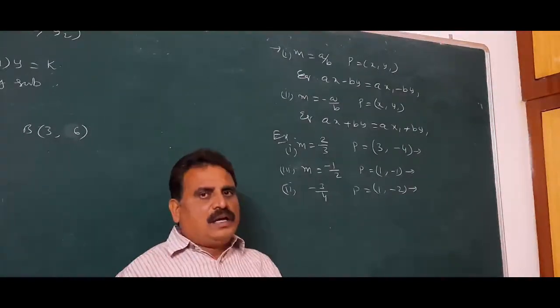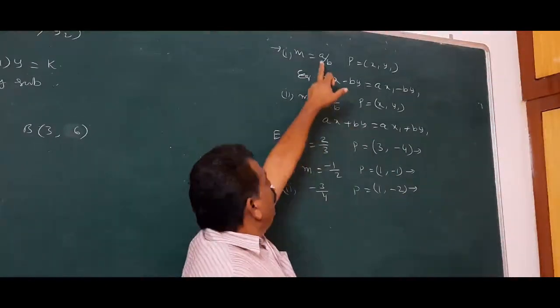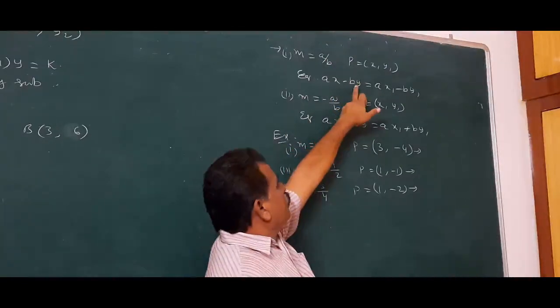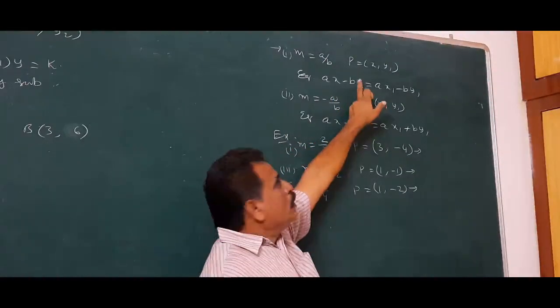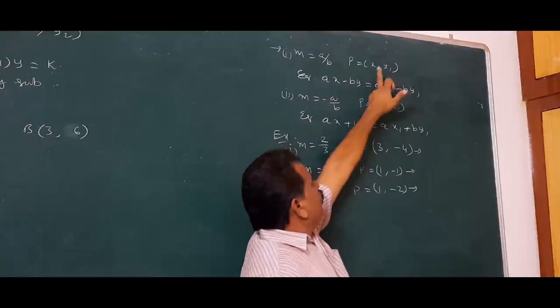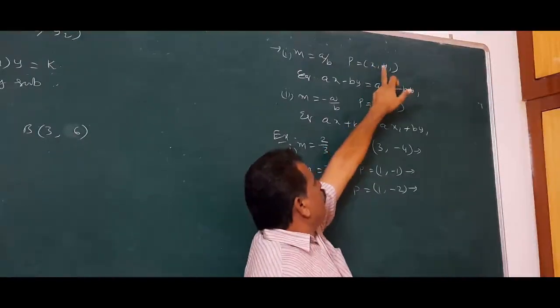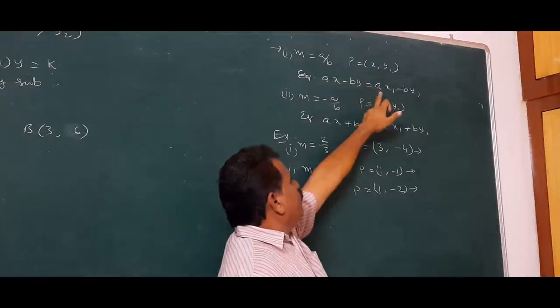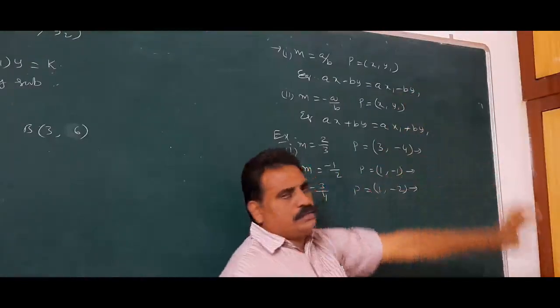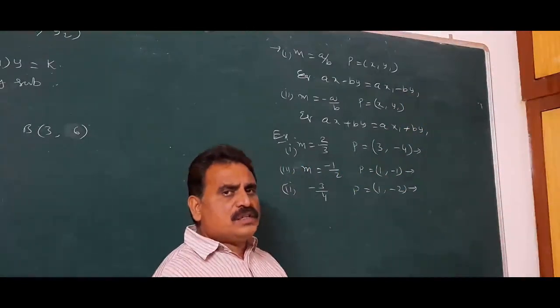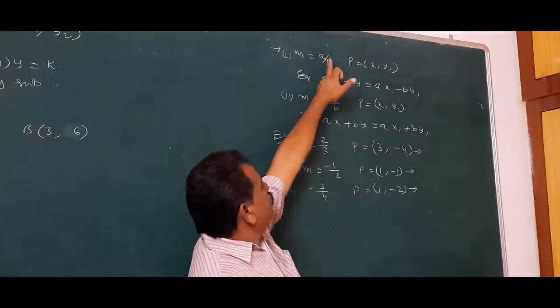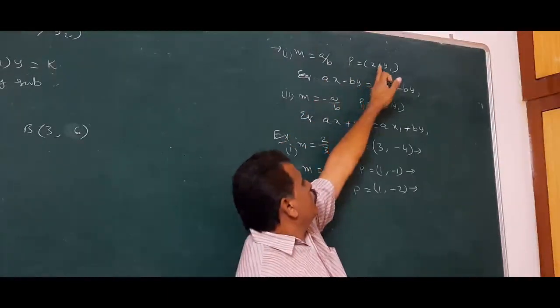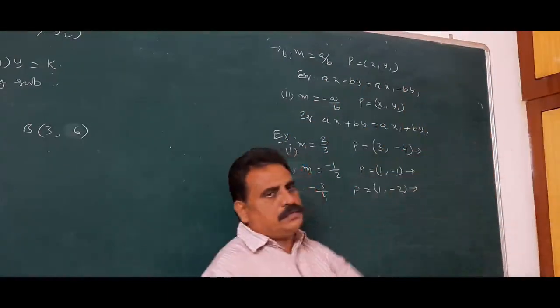Without using that formula directly, look here. A by b slope, ax minus by. It passing through x1, y1, just you substitute x1, y1 instead of x and y, directly we get ax1 minus by1. So the equation of the line is ax minus by equal to ax1 minus by1.